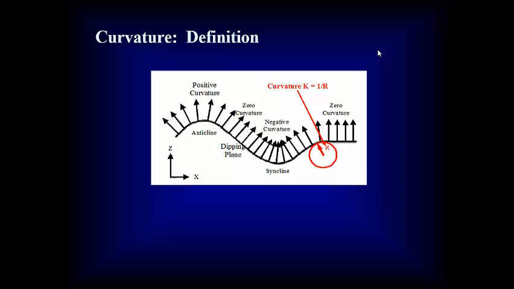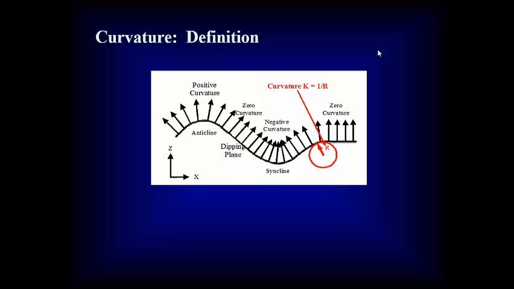Now, if we just overlay all these different radii vectors along the curve at different points, you notice that for the horizontal and the dipping planes, all these vectors are parallel, because there is no curvedness associated with these. But if you look at the anticlinal shapes or the synclinal shapes, in one case the vectors diverge and we assign a positive sign for that.